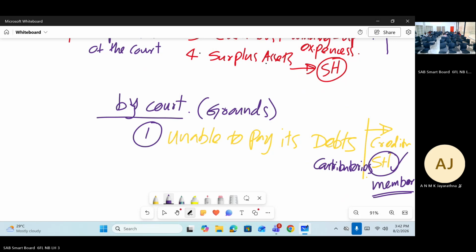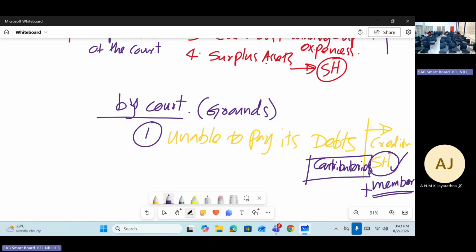Members, under the articles of association, have undertaken to contribute to the assets of the company in the event of liquidation if it is a company limited by guarantee. So shareholders and members all together we can name as contributors.